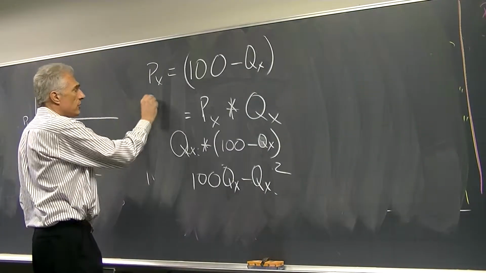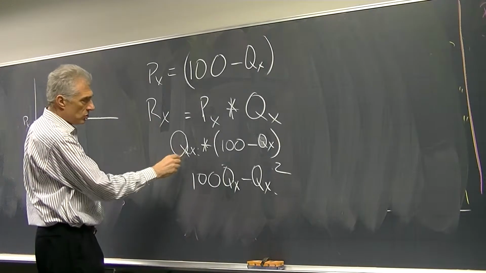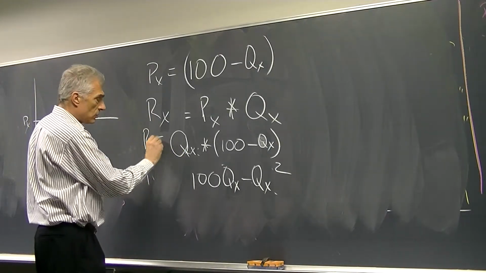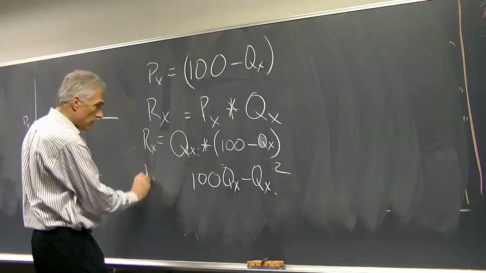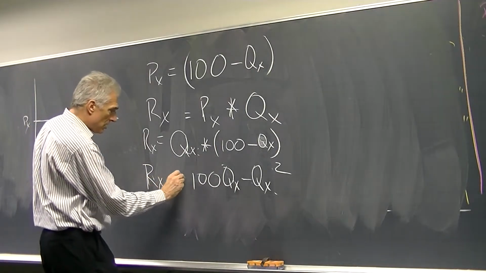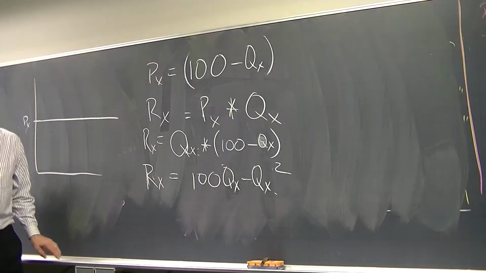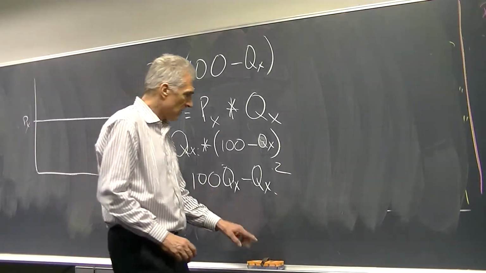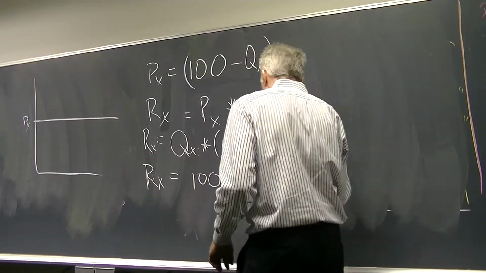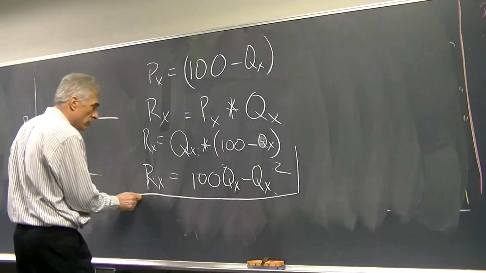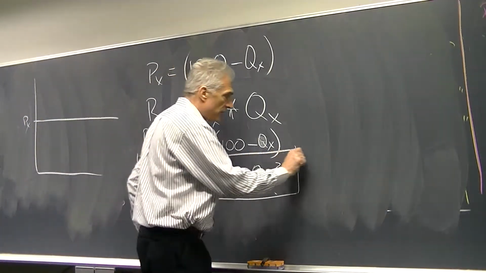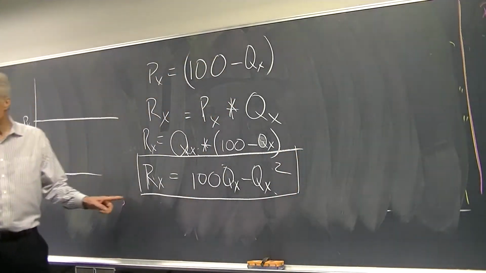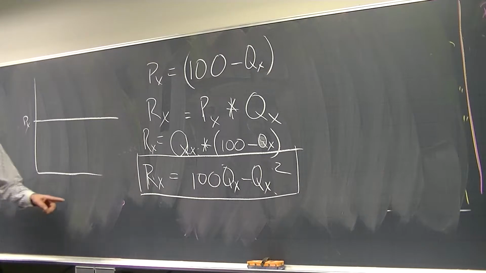Revenue equals Q_X times P, the revenue of X. Okay, so now we have the revenue function that faces the firm with the monopoly.